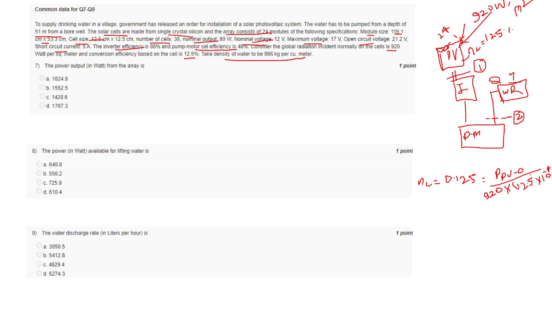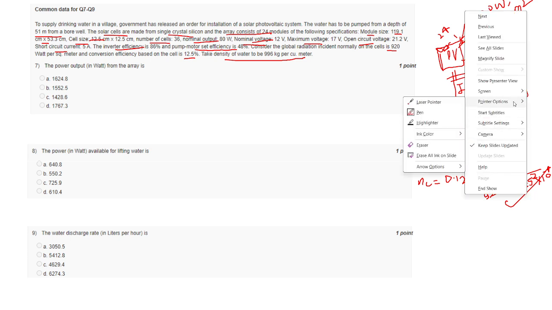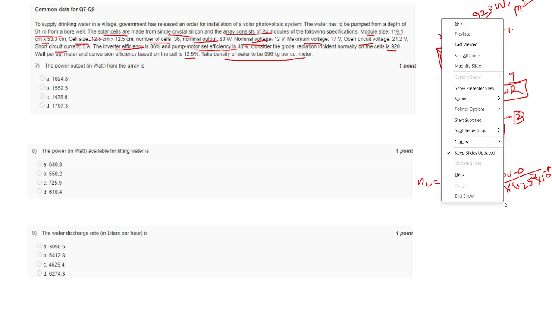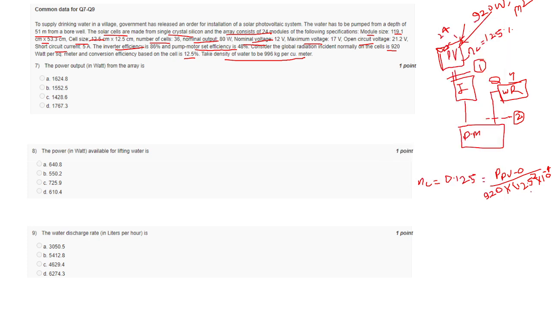This is the area of each cell, into 36 cells in each module, and we have 24 such modules, so we multiply by 24.